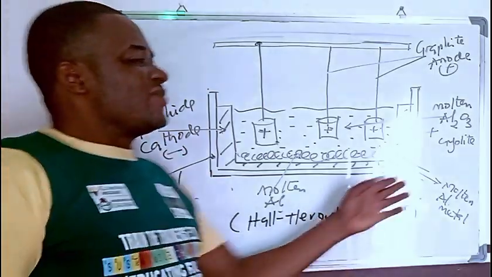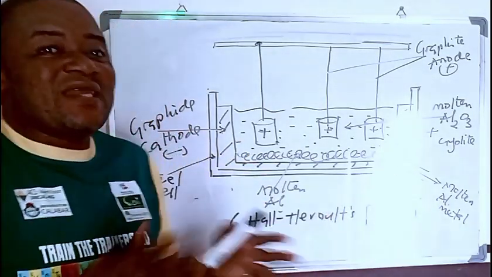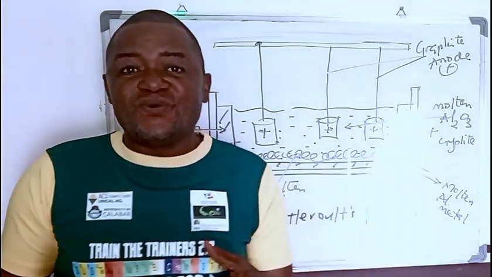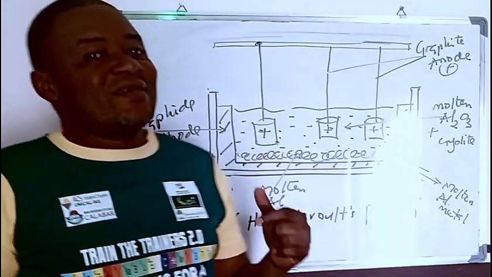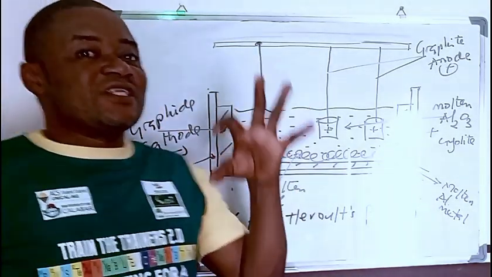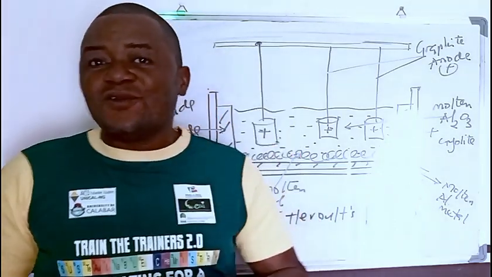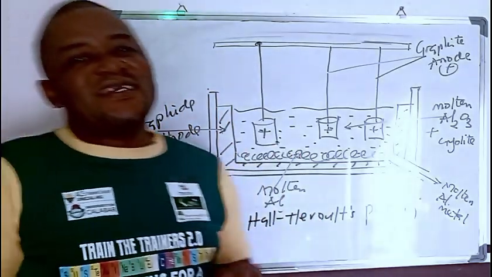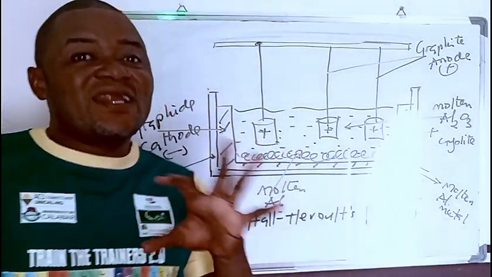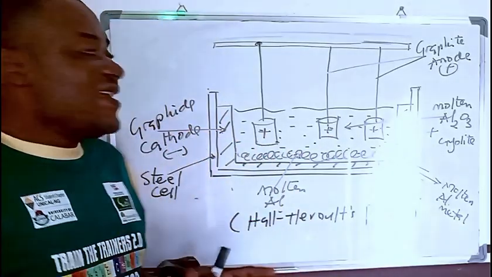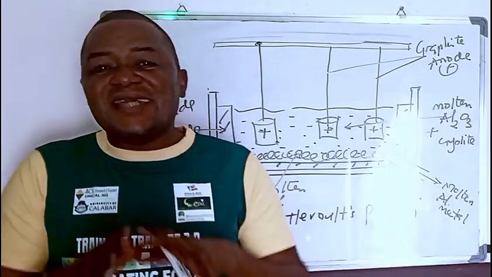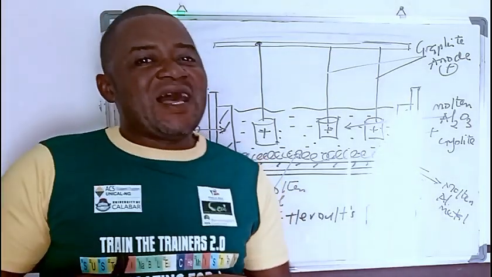So whenever you are asked why cryolite is used in the extraction of aluminium electrolytically, it is because it helps to reduce the high melting point of aluminium and the energy requirements, and stabilize the system.